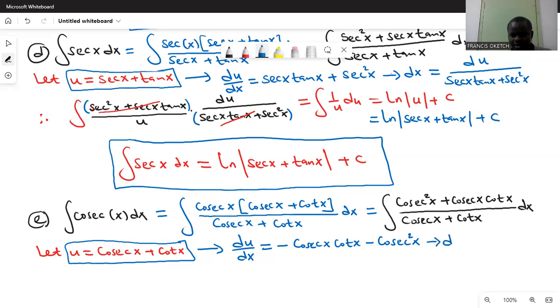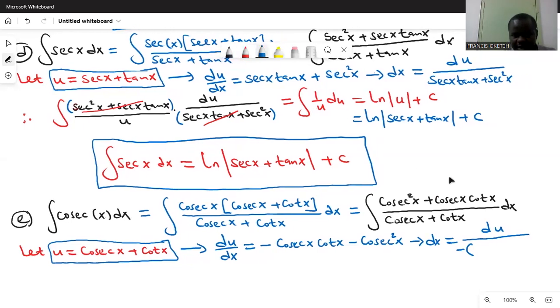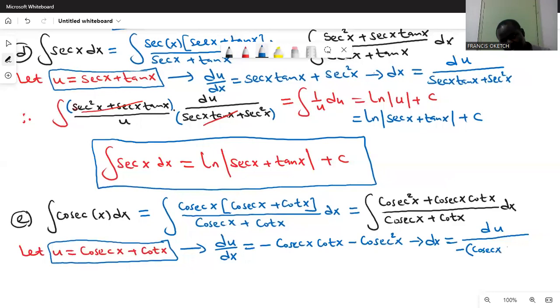From here, it means that dx is equal to du over, let me factor out the negative, negative cosec x cot x plus cosec squared x.